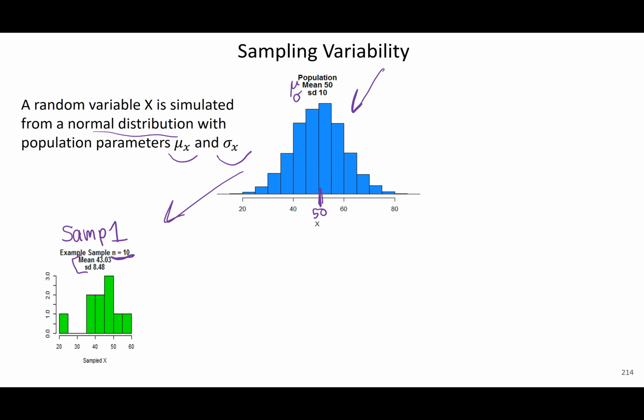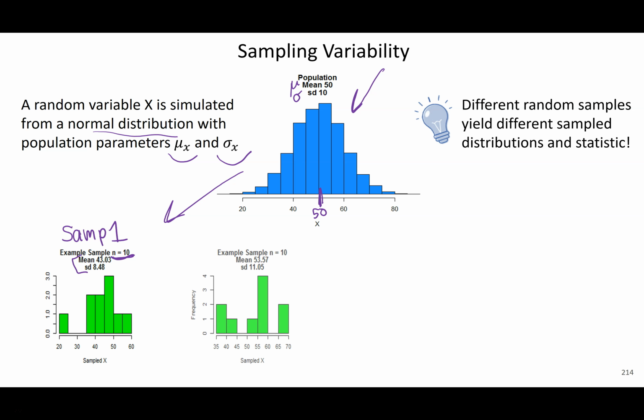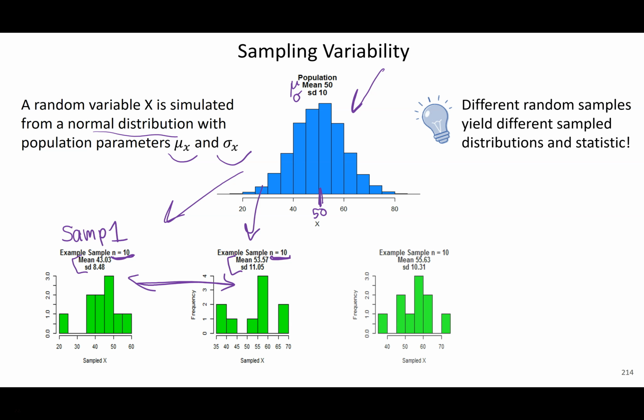Suppose I want to take another sample of 10. So here's my second sample of 10. I took 10 again, but this time I have a slightly different sample mean and a different standard deviation. You can see that from sample to sample, I didn't get exactly the same values, which means I didn't get exactly the same mean and standard deviation. And I can keep repeating this.